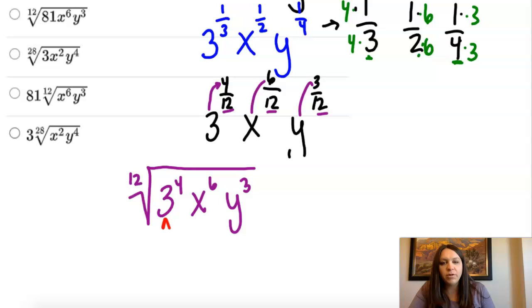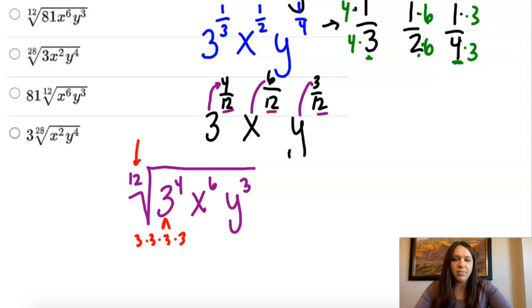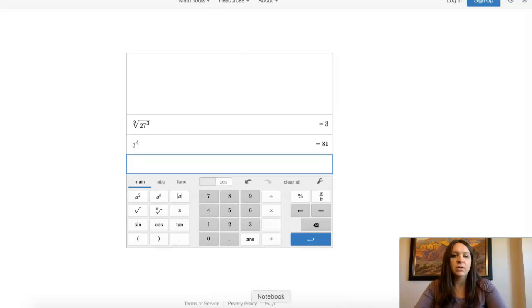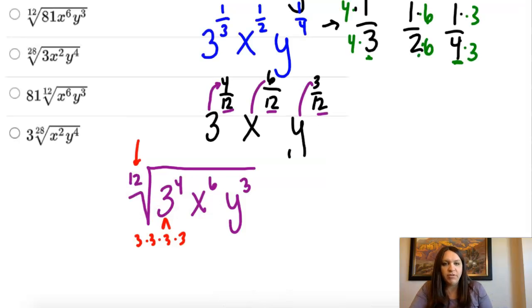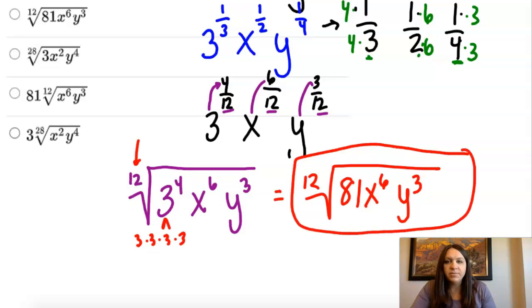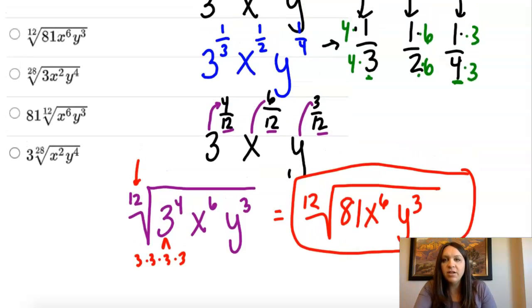So 3 to the 4th is really 3 times 3 times 3 times 3, and I would need 12 of those 3s, so I can't simplify that, but I can get 3 to the 4th to an actual number, which is 81. So I'm going to just rewrite that part. So I have 81 instead of 3 to the 4th, x to the 6th, y to the 3rd. And that would be our answer. So that's right here.